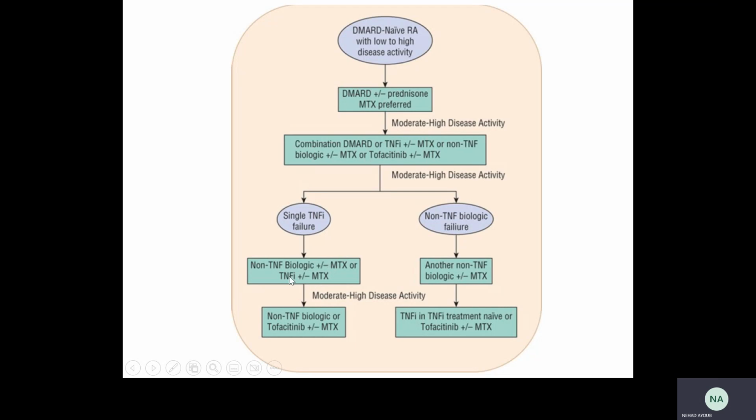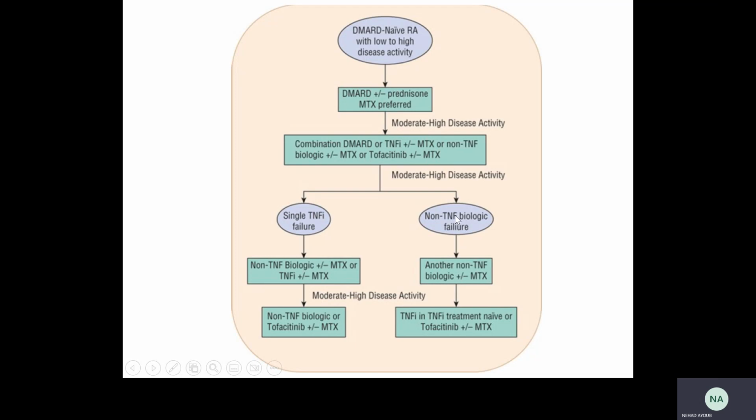طيب إذا بهاي المرحلة كان عندي moderate to high activity and no response, you can also keep trying, keep changing. يعني إذا جربت أنا أكثر من TNF inhibitor, I can try another non-TNF inhibitor, or هون ممكن أعطي توفاستاتين أوكي للمريض plus methotrexate.